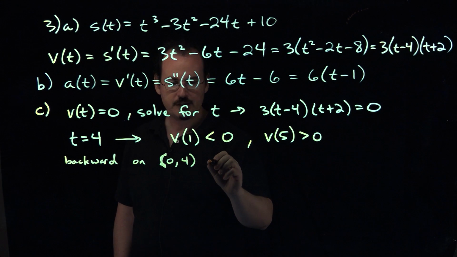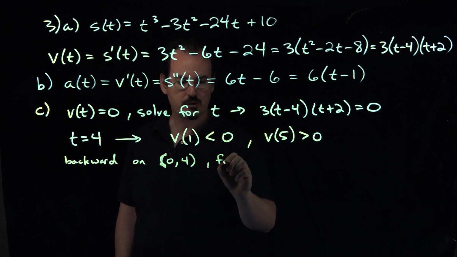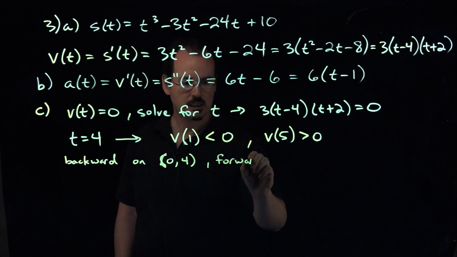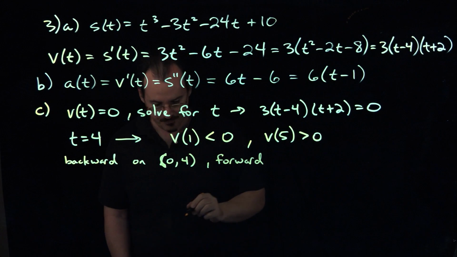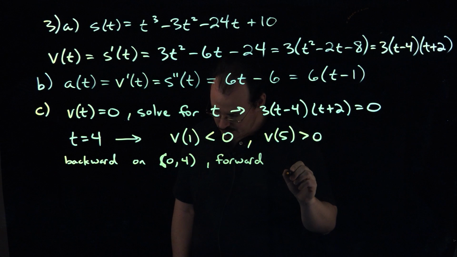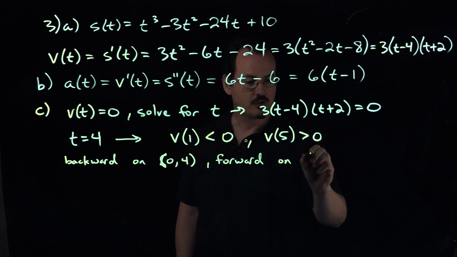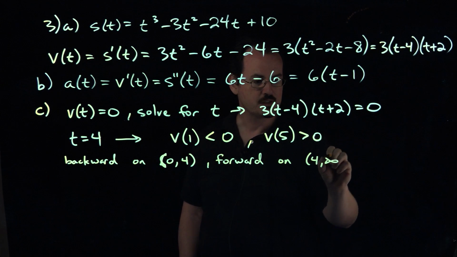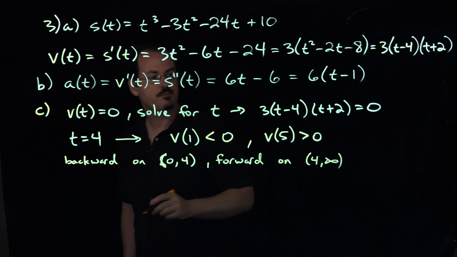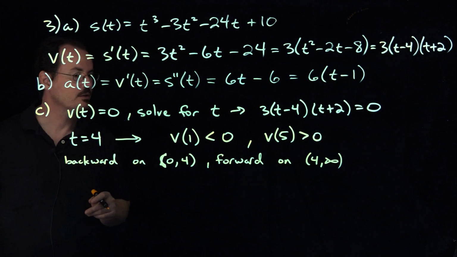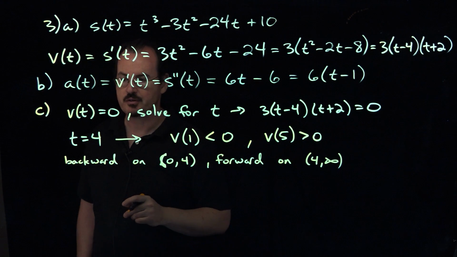It's backward on that interval and forward on the other time interval. And since there's no upper limit on the time, we just have to put infinity. So obviously this car is not going to be driving infinitely long, but mathematically speaking, that's where it's going forward, because that's where the derivative is positive.